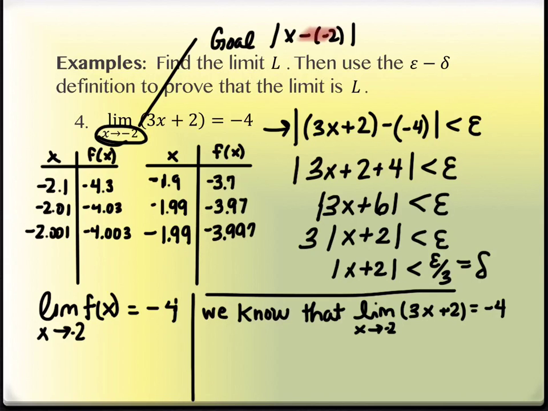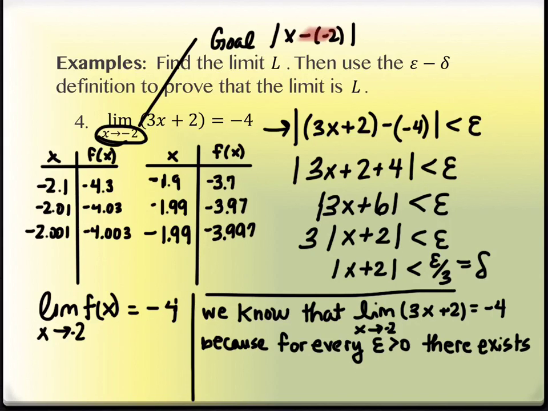We know this because for every epsilon greater than 0, there exists a delta, in this case equal to epsilon over 3.